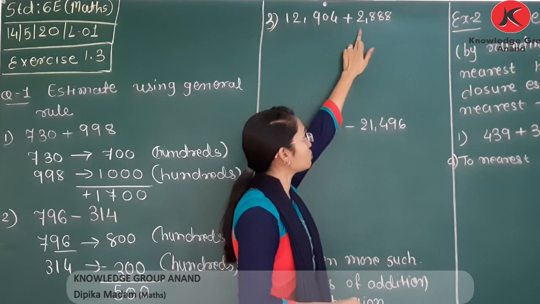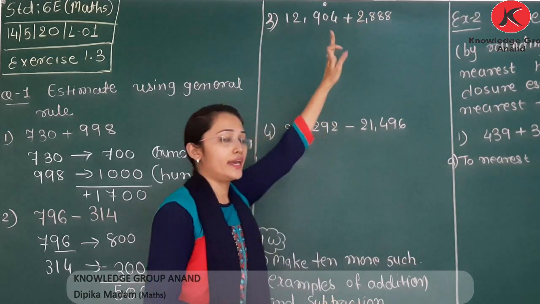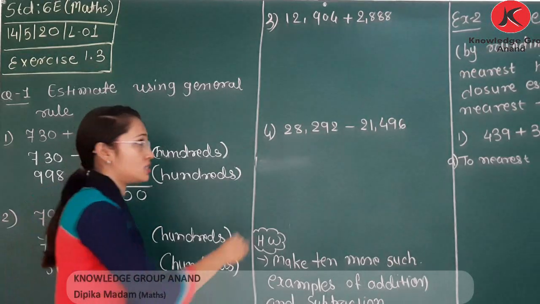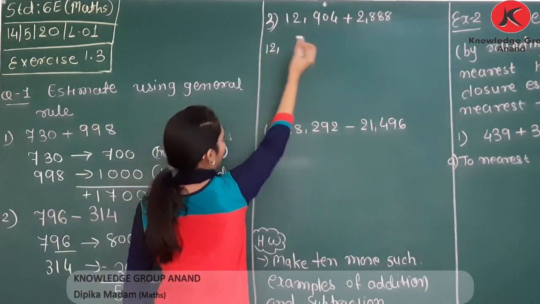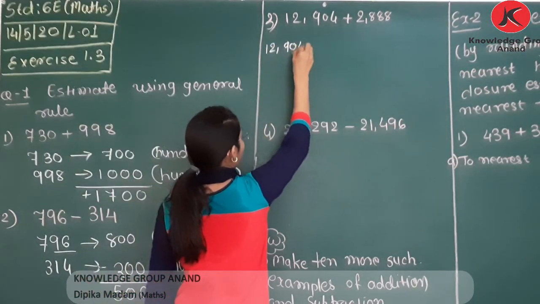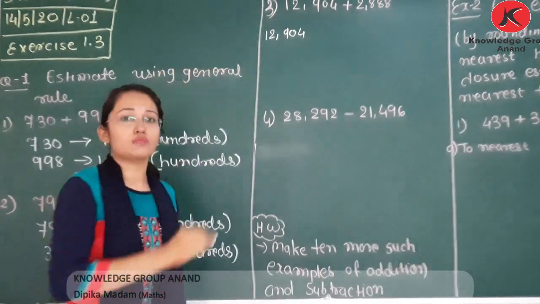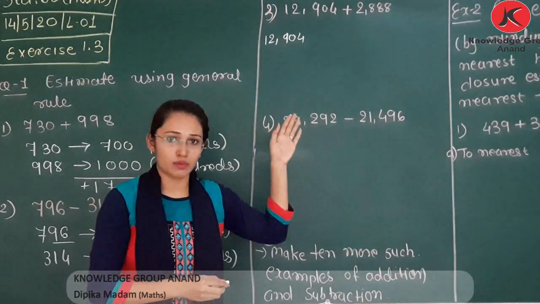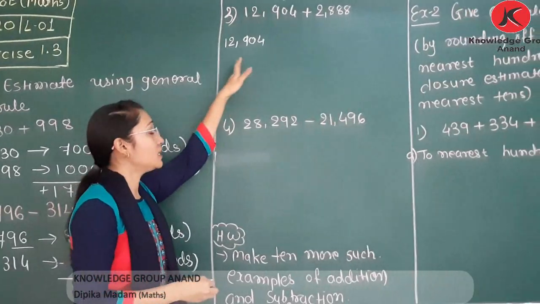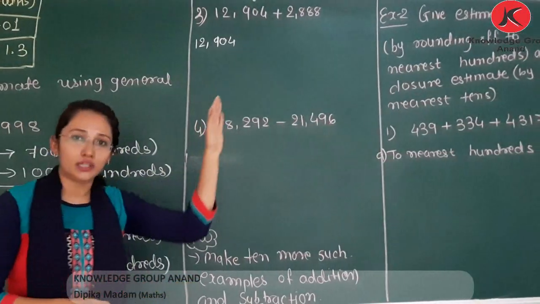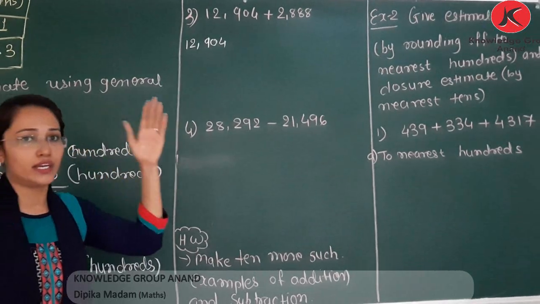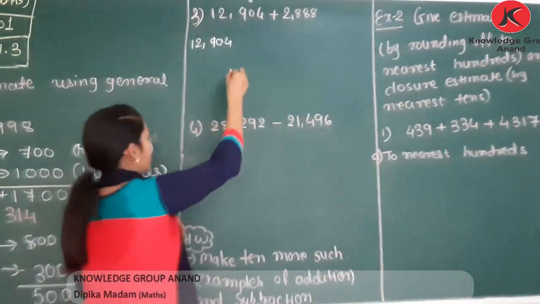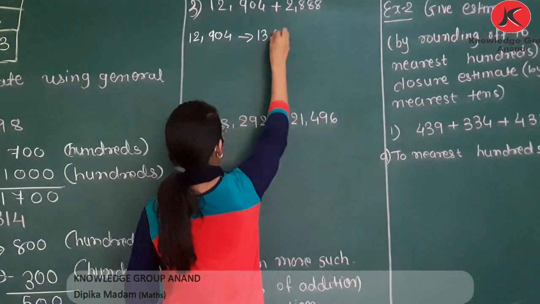12,904 plus 2,888. Here I perform the 1000 estimation. So 12,904. It is between which two numbers? If we perform the 1000 estimation, it will be between 12,000 and 13,000. So કોની વધારે નજીક થાય, 12,000 or 13,000? Clearly it is nearer to 13,000.